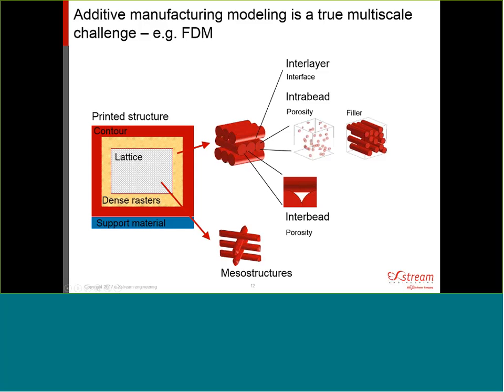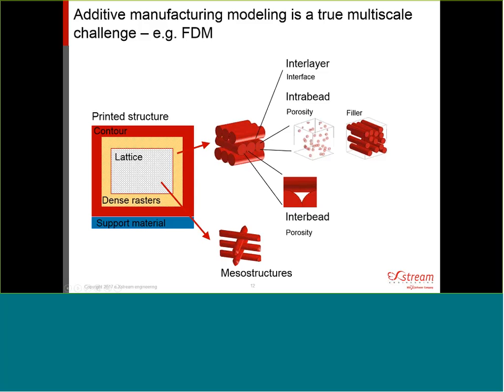You can see you have different mesostructures here, but inside one deposited bead, there are many things that also happen. There is first the relationship between several deposited beads, so what is happening at the interface, but also what is happening inside the beads. You can have porosity, which is induced depending on the process, and you can also have, very important for high performance, fillers, so reinforcement like beads or fibers.